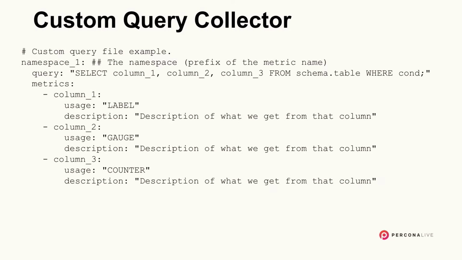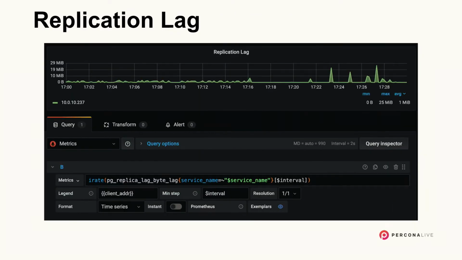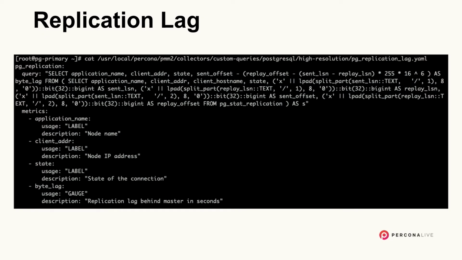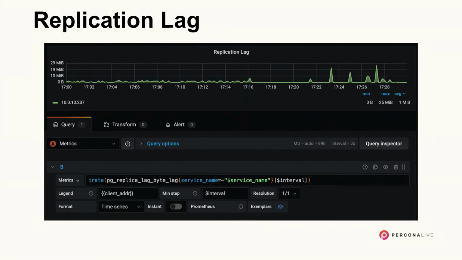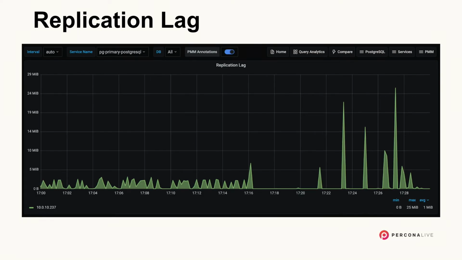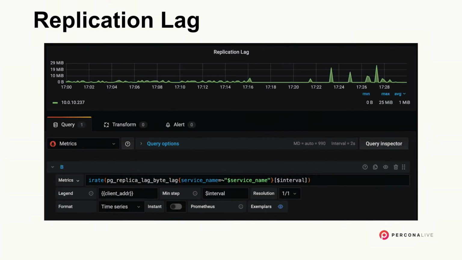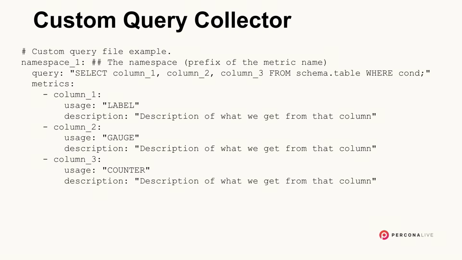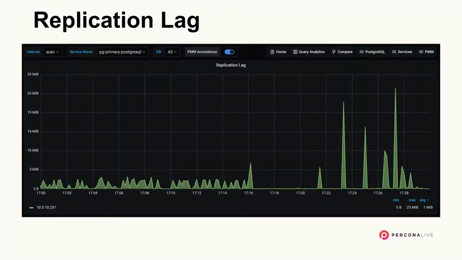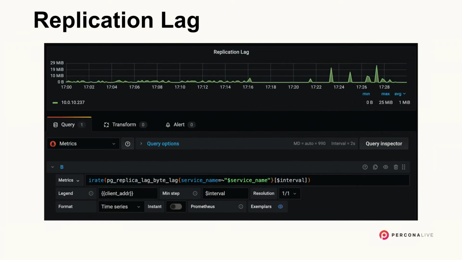So I think I have an example here. This is not the best example, actually. But the metric in here, the column was replica lag, byte lag, and the namespace was PG. So in here it said PG, and in here it said replica lag.